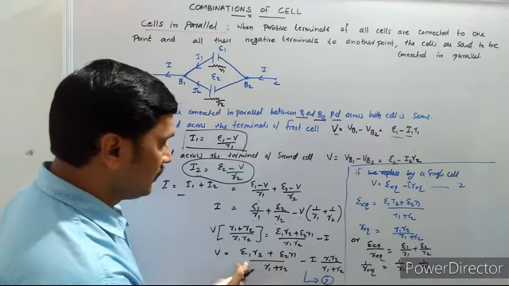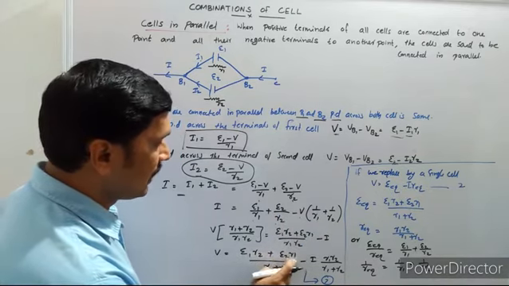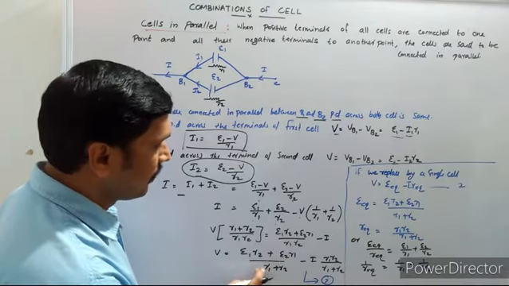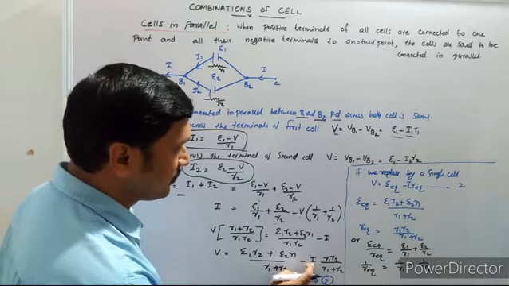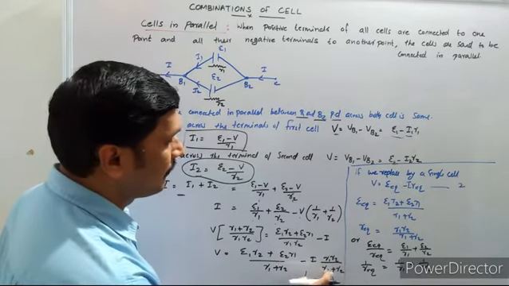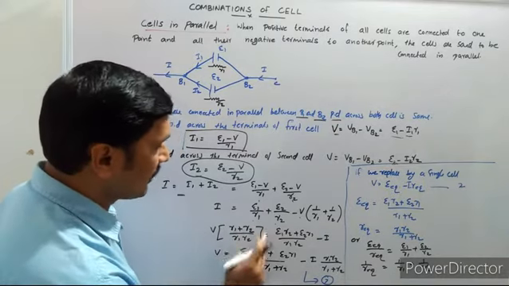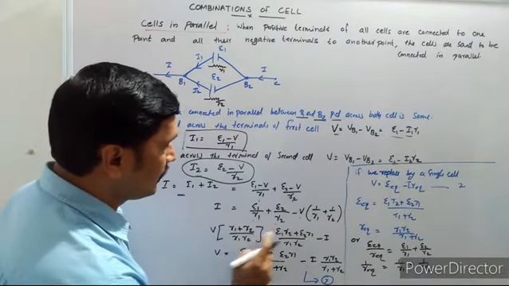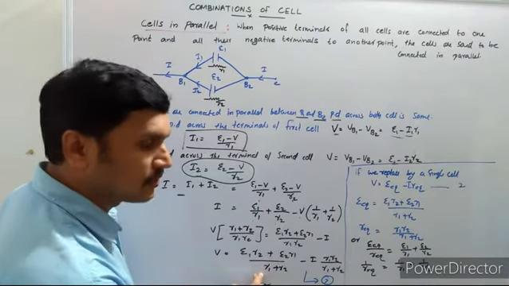Actually, what we are doing is we take this term to the right side and multiply both terms, isn't it? So (E1 R2 plus E2 R1) divided by (R1 plus R2) minus I into R1 R2 divided by (R1 plus R2). By taking this term to the right side, we are multiplying by R1 R2 divided by R1 plus R2.